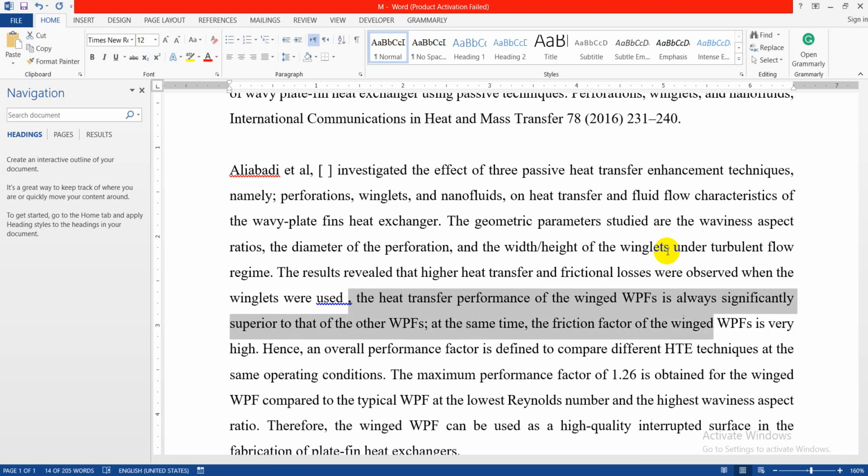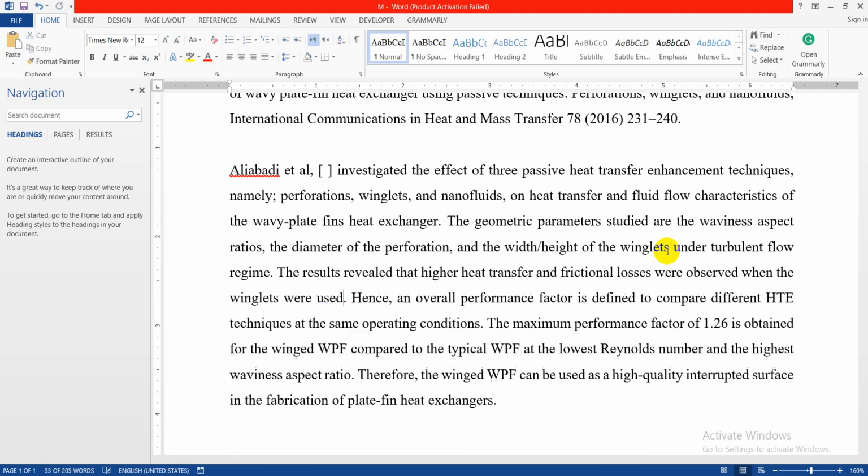So we don't need all of them. Okay, the results reveal that higher heat transfer and friction losses were observed when the winglets were used.